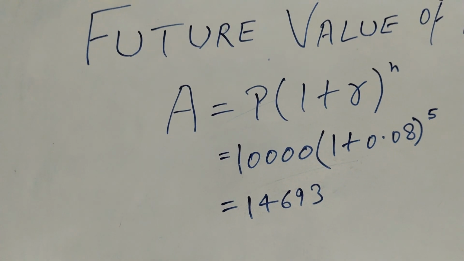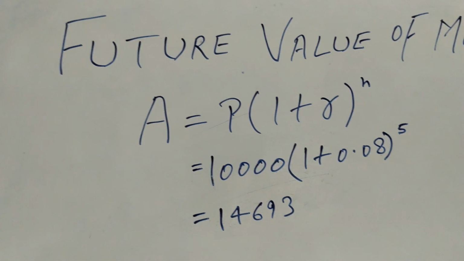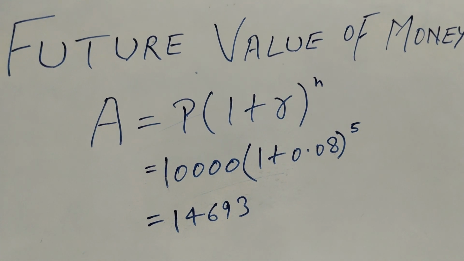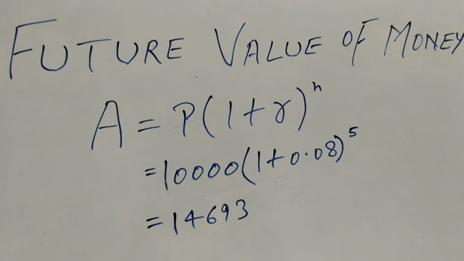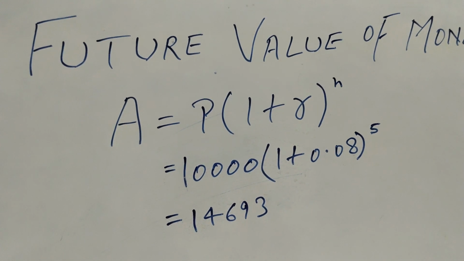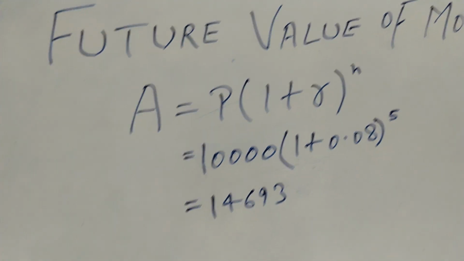It comes out to be 14,693. So if we have to buy something of 10,000 rupees today, after 5 years we would require 14,693 rupees if the inflation is at 8%. This is the way to calculate the future value of money.